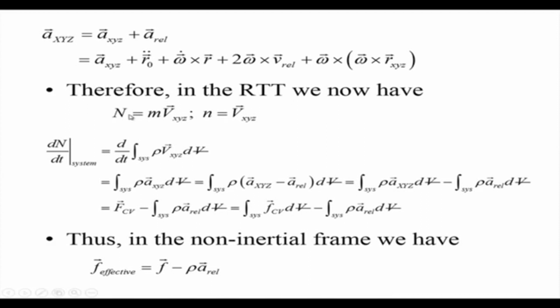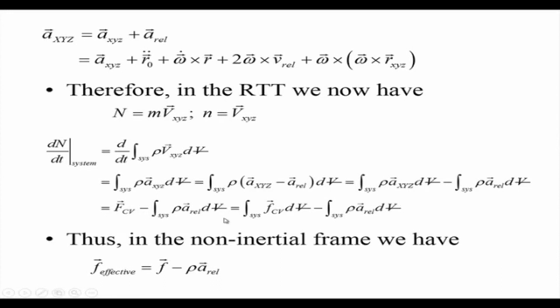Now d dt of the velocity is acceleration, and the acceleration with respect to small xyz we can write as the acceleration with respect to capital XYZ minus a relative, where a relative is a collection of the terms on the right hand side. Then the integral of rho a capital XYZ dv is the force acting on the control volume, by Newton's second law.